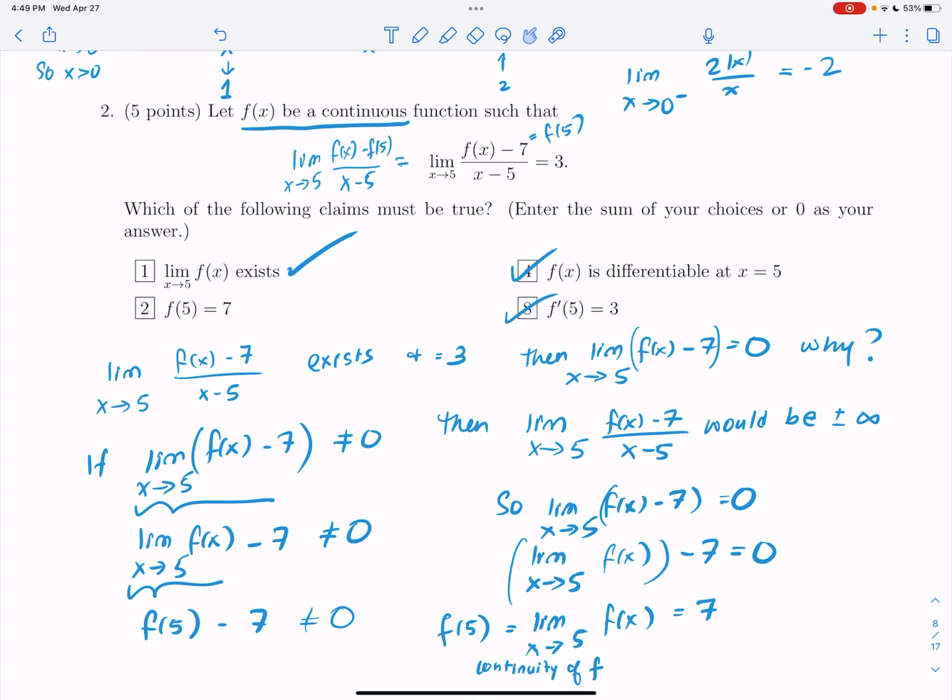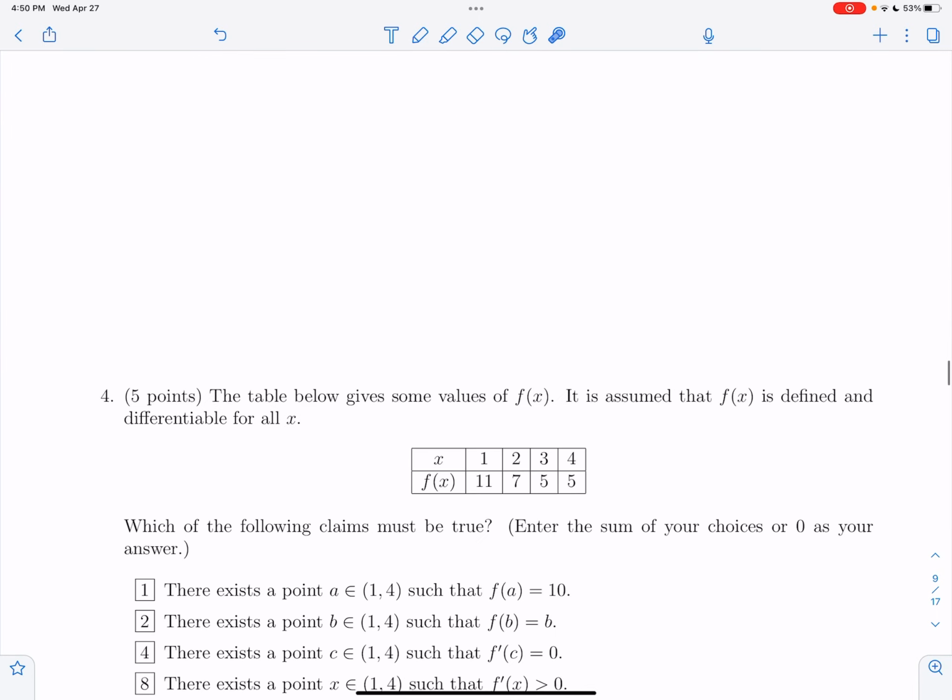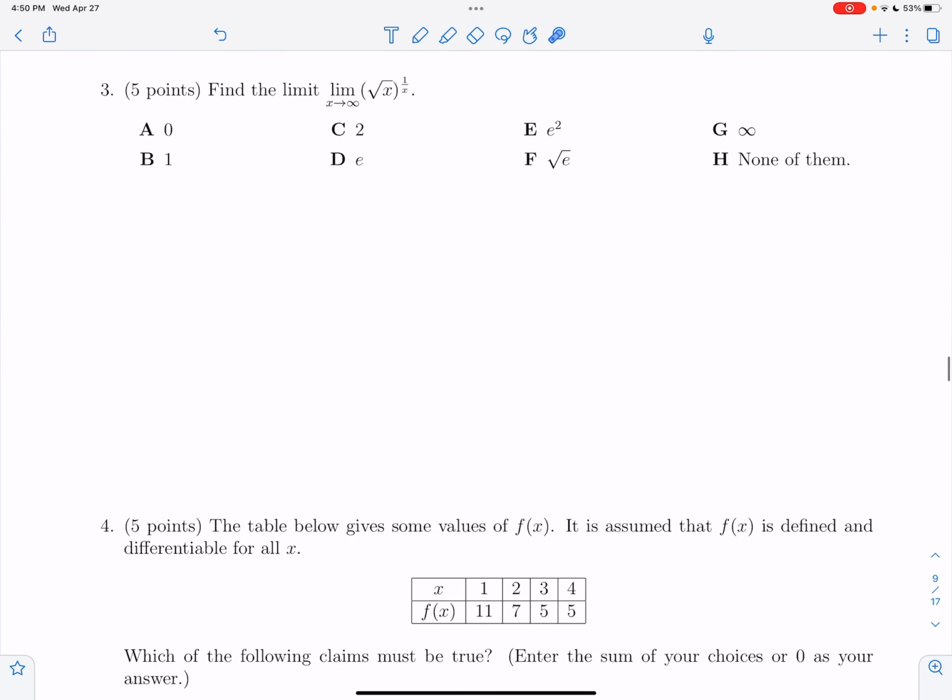And by the argument I just discussed, f of 5 must be 7, because if f of 5 isn't 7, this numerator is non-zero, the denominator is 0, so you cannot get a limit of 3. Okay? So in this case, all these 4 choices are true. All right? Okay.